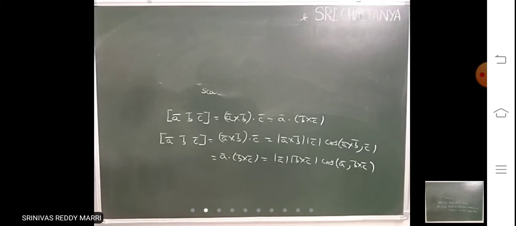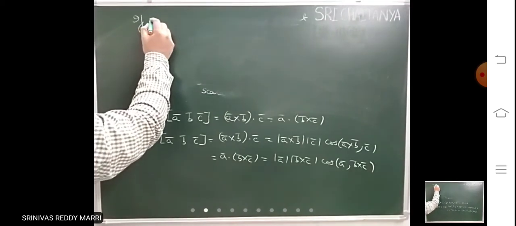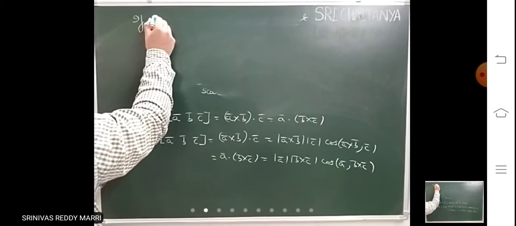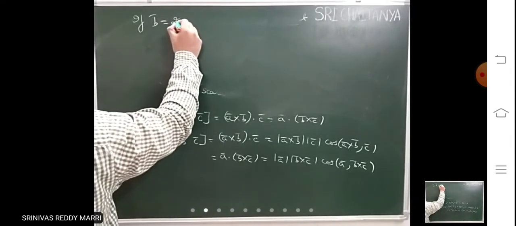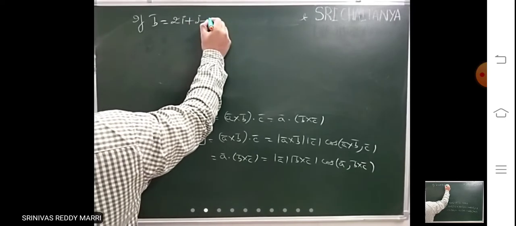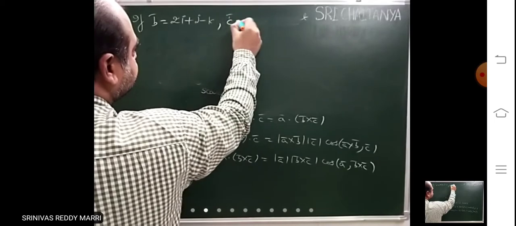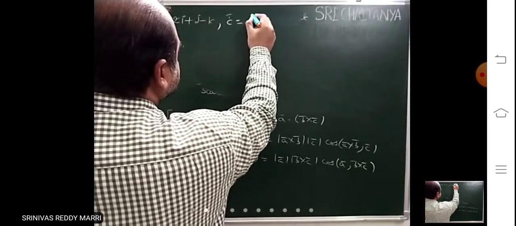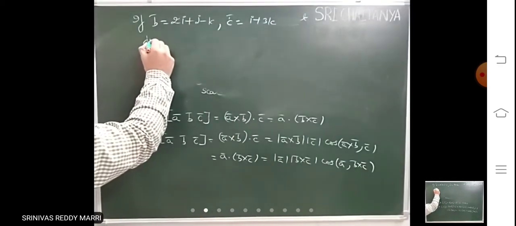Look at one application. If B bar equals 2i plus j minus k, C bar equals i plus 3k.